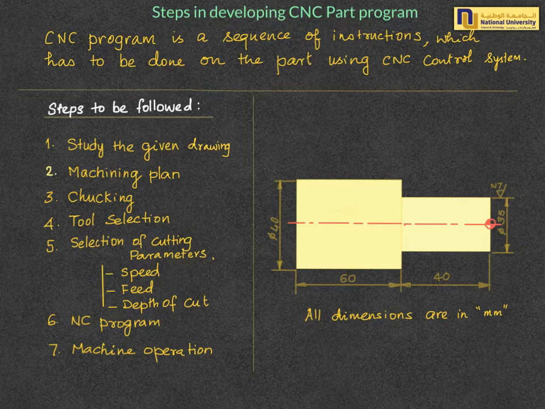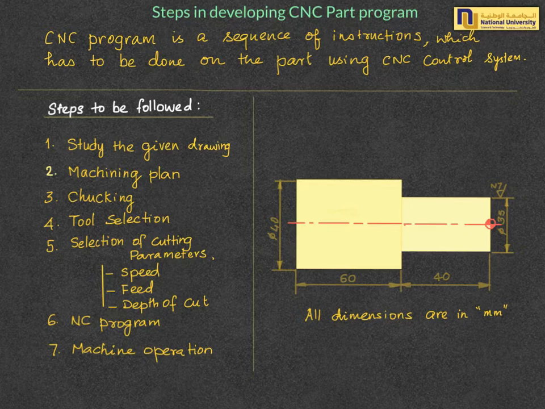We can select a roughing tool and a finishing tool based on the requirement. The next step is the selection of the cutting parameters, wherein the speed, feed and depth of cut are appropriately selected, which achieves optimal cutting conditions and finally leads to a better surface finish.